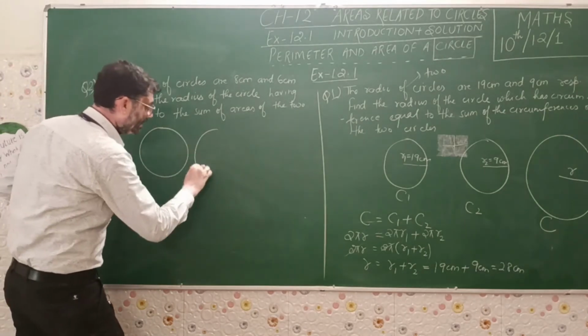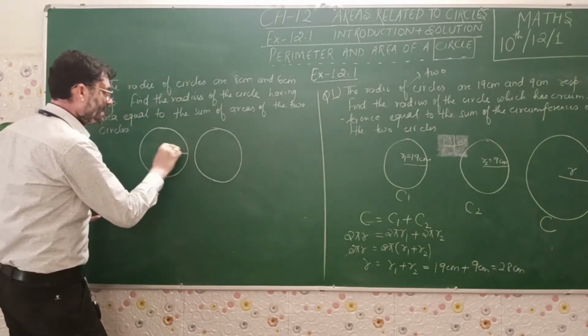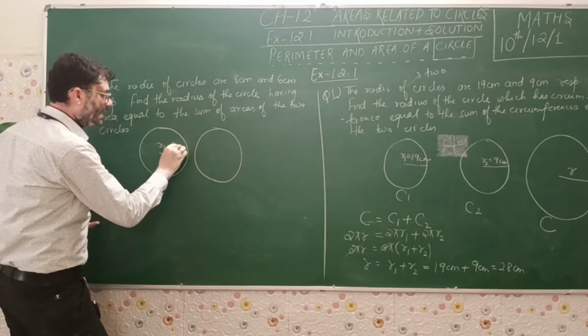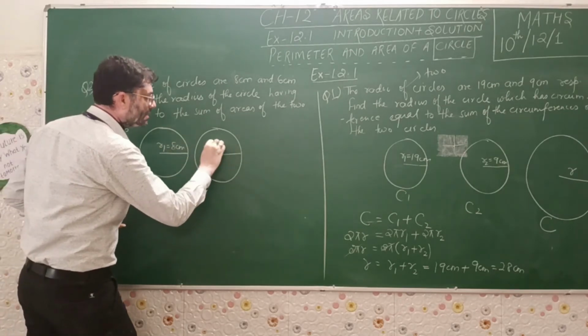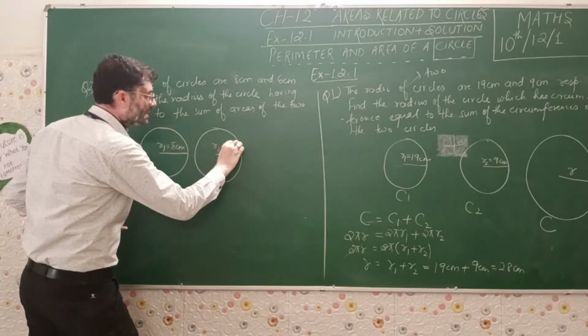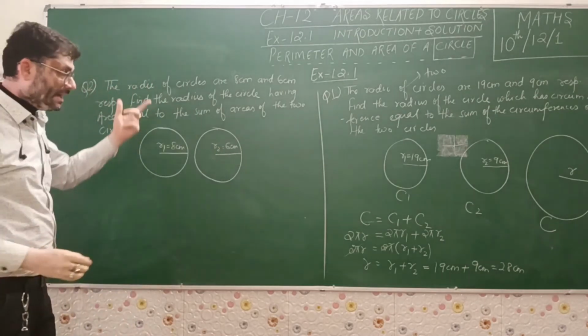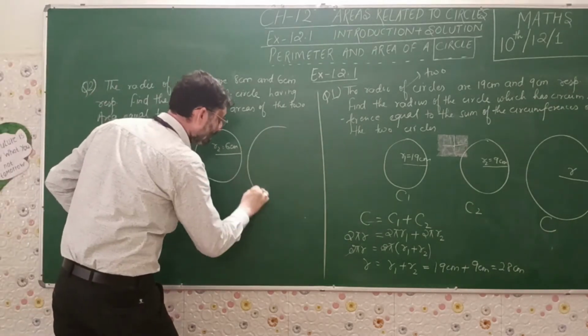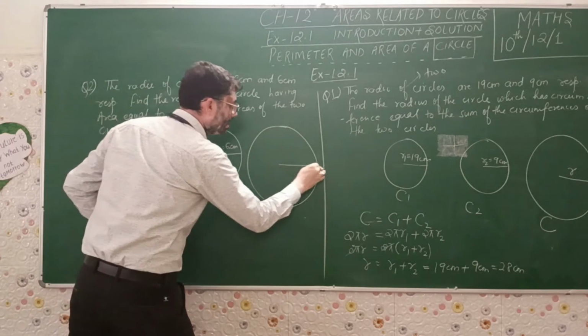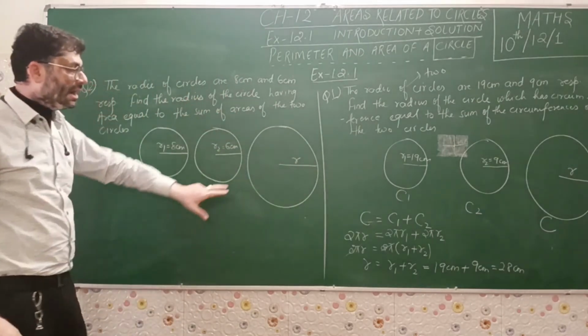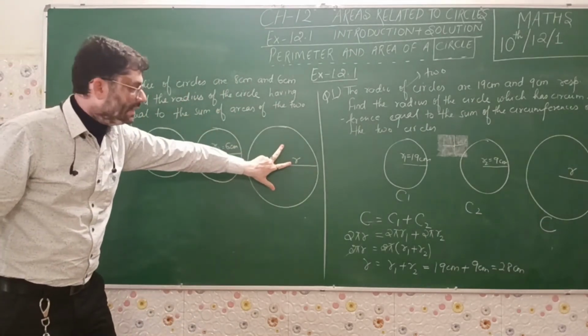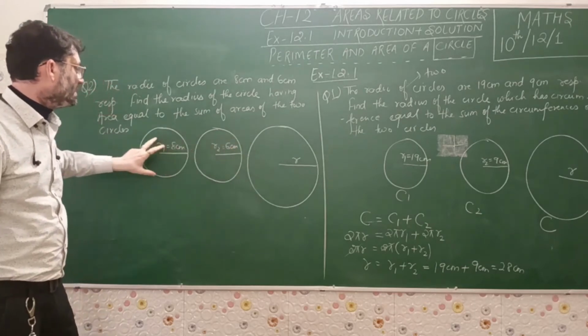So suppose we are given two circles with radius r1 equal to 8 centimeter and r2 equal to 6 centimeter. We need to find the radius of the third circle. And the area of this circle is equal to the sum of the areas of these two circles.